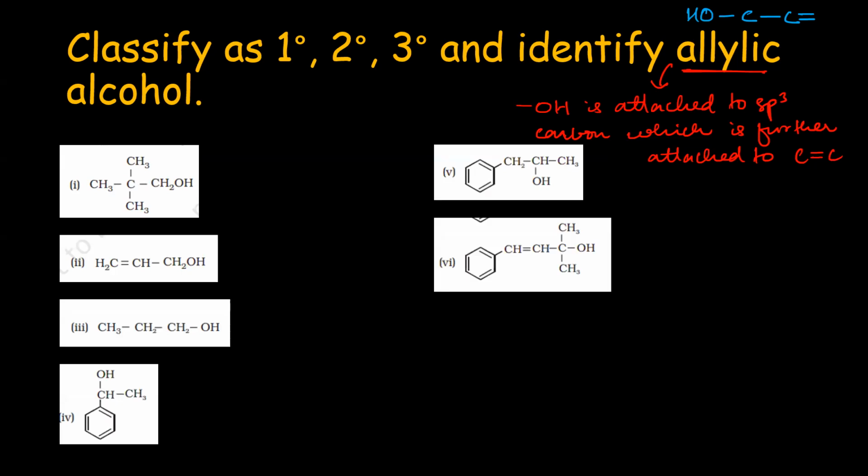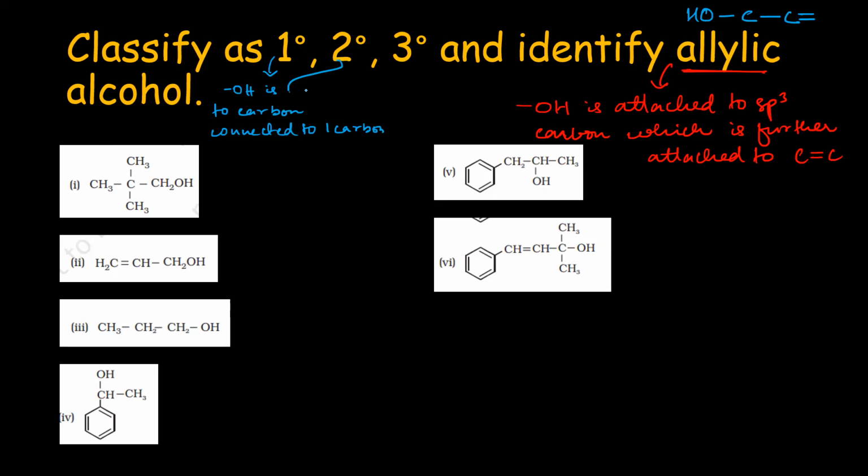Now classify all of them as 1 degree, 2 degree or 3 degree. I hope you guys remember what is 1 degree, 2 degree and 3 degree. 1 degree means OH is attached to a carbon connected to one carbon.